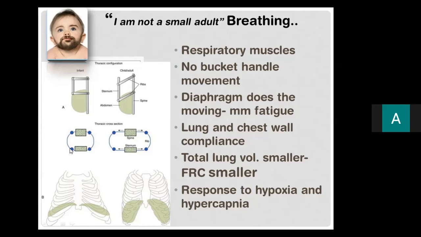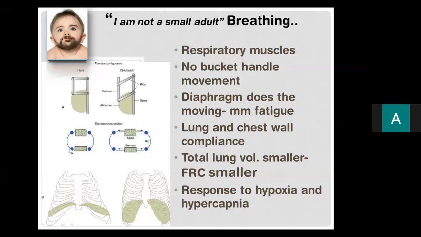Same thing with their chest wall. Their ribs are not yet calcified, so they have a lot of cartilaginous tissue even on their ribs. So they'll easily have atelectasis, which will increase their resistance as they are breathing.